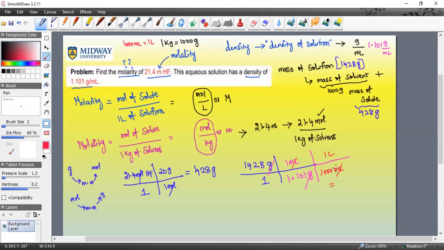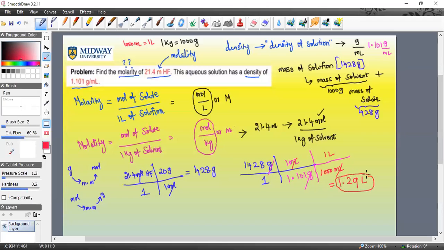Now we have our answer in liters. So let me get my calculation done. It's 1428 divided by 1,000 divided by 1.101. So that's 1.29 liters.